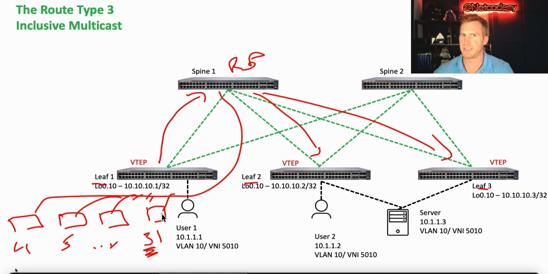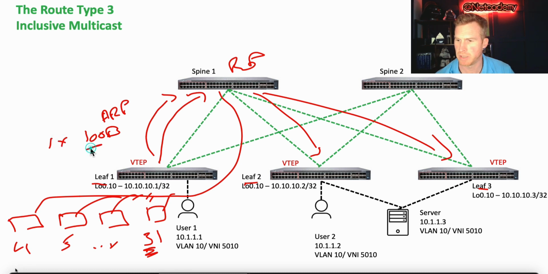The reason why this is significantly more efficient in terms of bandwidth is because, say that this packet that's gone from leaf 1 up to the spine is an ARP, just for example, and say it is 100 bytes. Now we only have one of these packets, so 1 times 100 bytes.